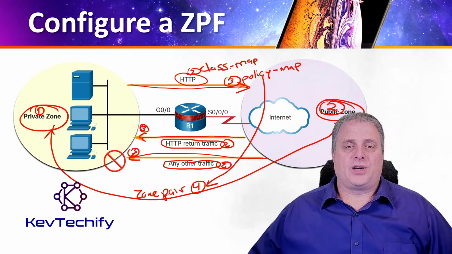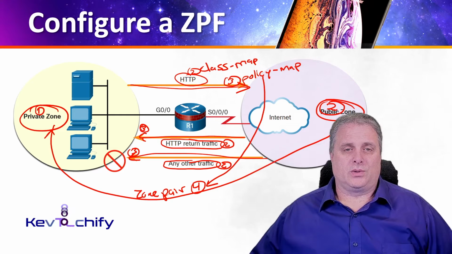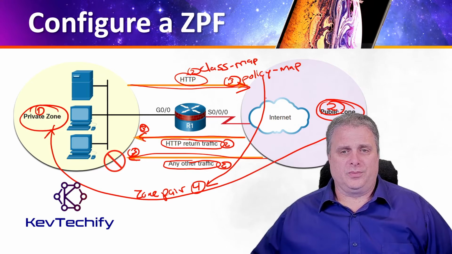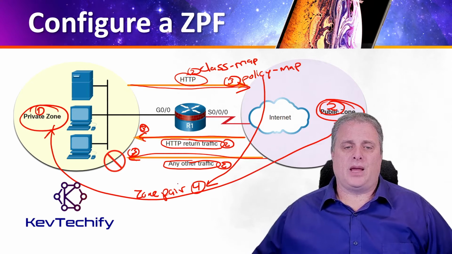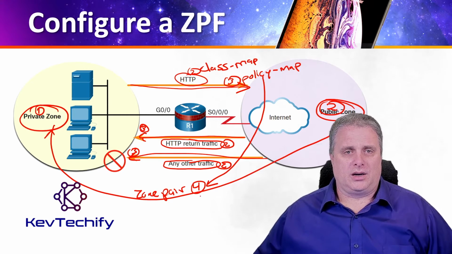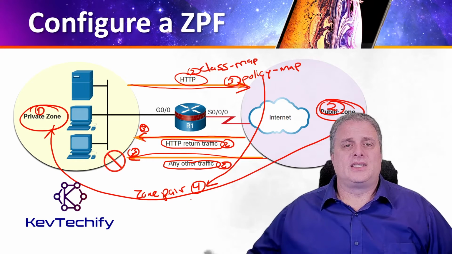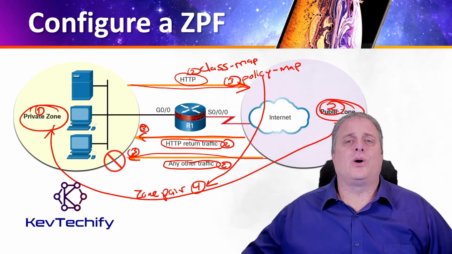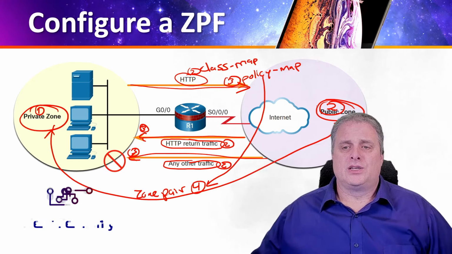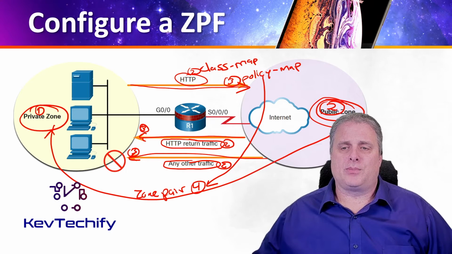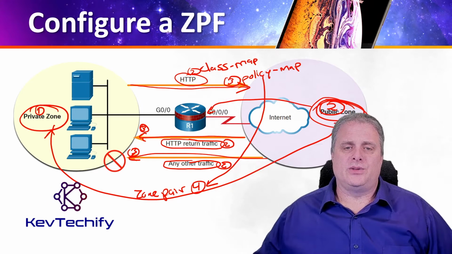We've identified our traffic using a class map. So HTTP, we're setting up a policy, we're allowing it to flow through, and then we're taking that policy map and applying it to our zone pair. And then finally, step 5 here is to assign the zones to the appropriate interfaces. So what we do for step 5 is we take the public zone and we assign it to this interface, which is our serial 0/0/0 interface.